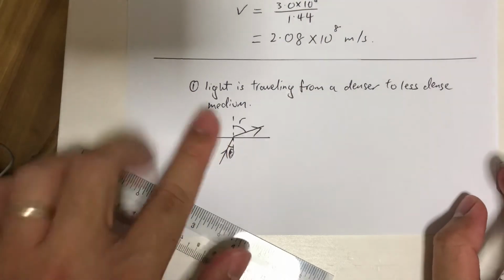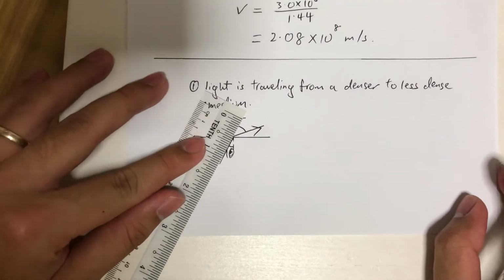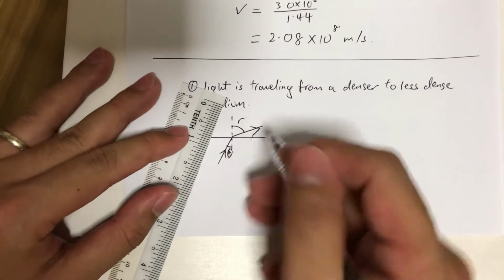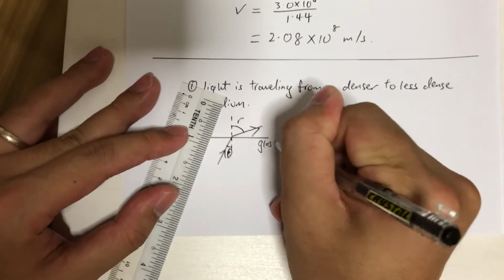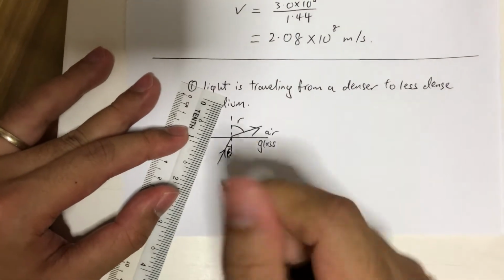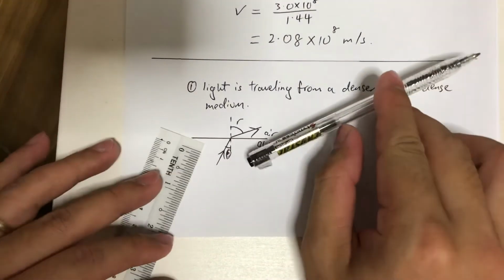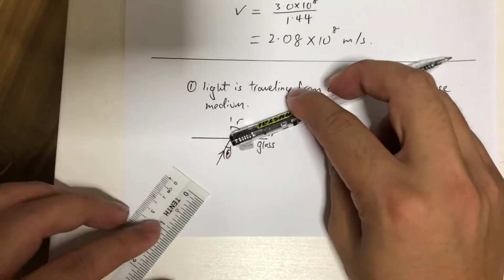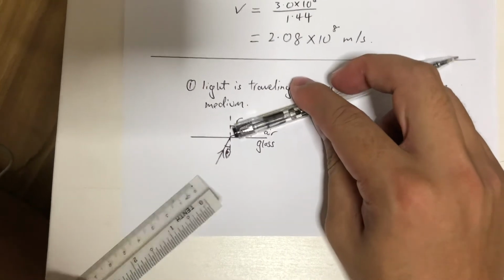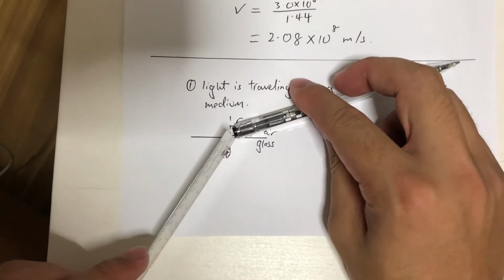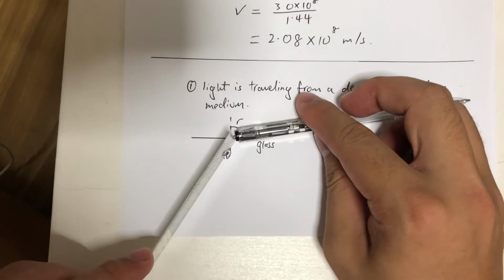That's right. If I increase the angle between the normal and the incident ray in the glass itself, the angle that is refracted outside in the air will go closer and closer to the glass itself.